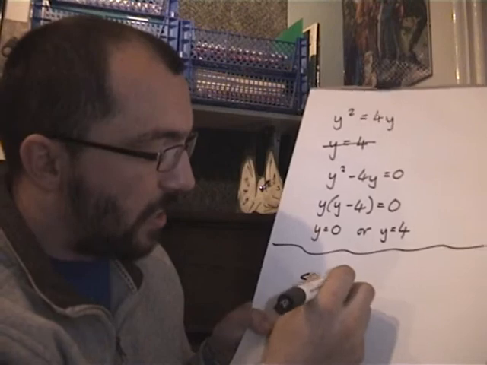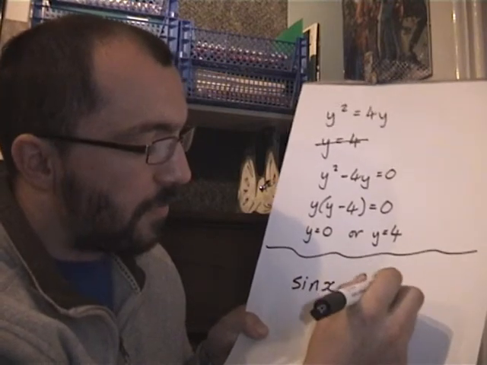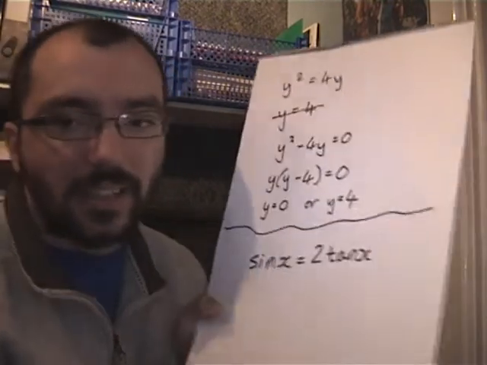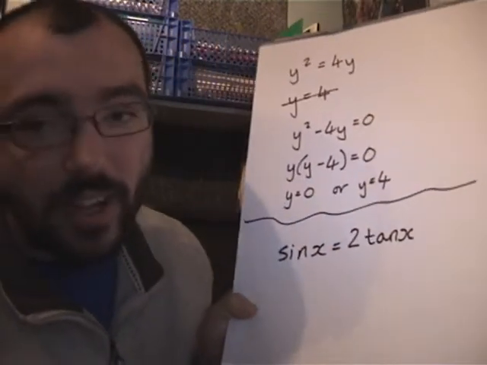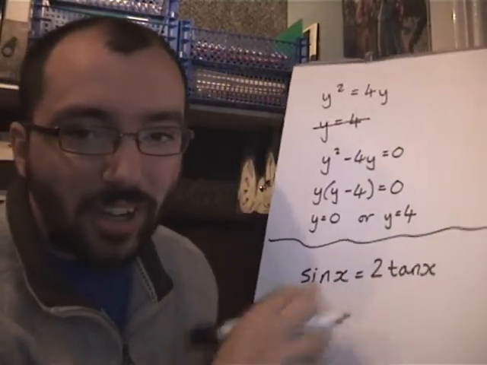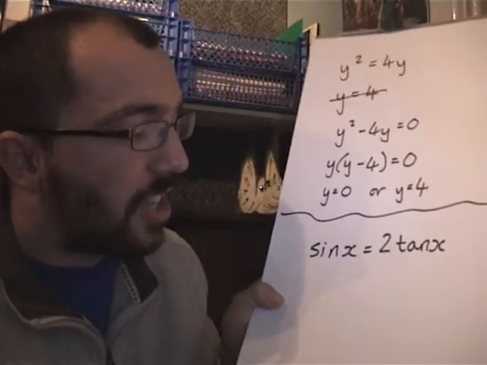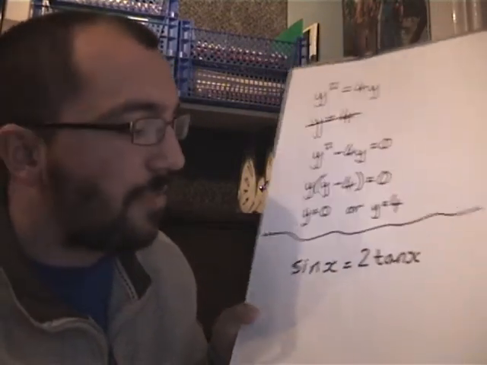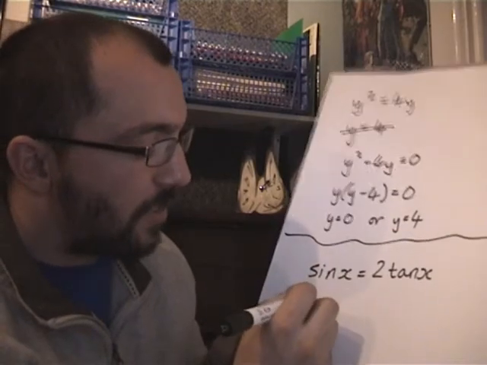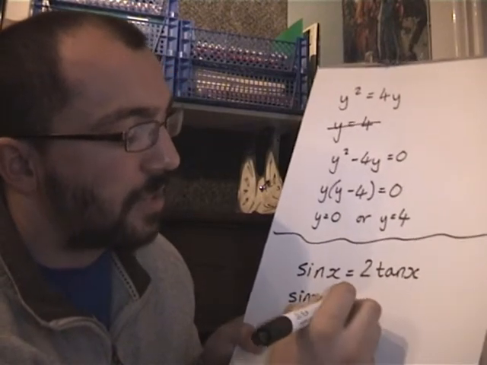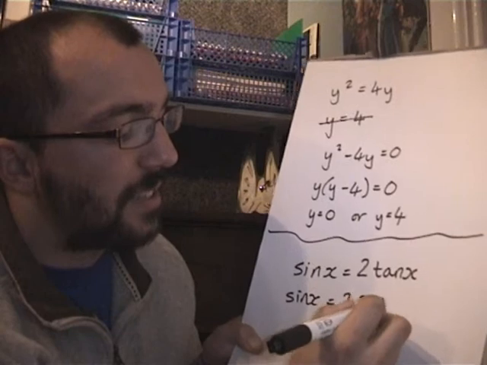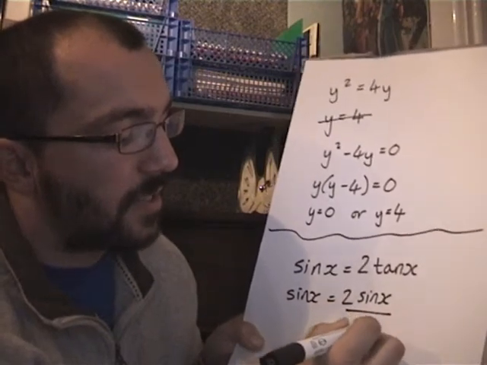So looking at a slightly harder question that my students still come across, still very much A level. This one is sin x equals 2 tan x, and students very correctly start off by going, well, I don't like two different trigonometric terms in one equation, so let's convert them. They say sin x equals 2 sin x over cos x.